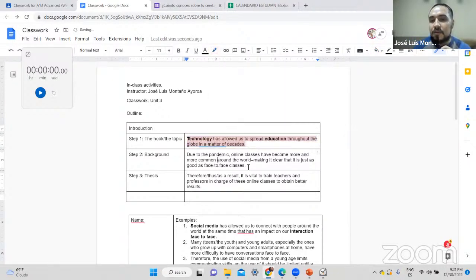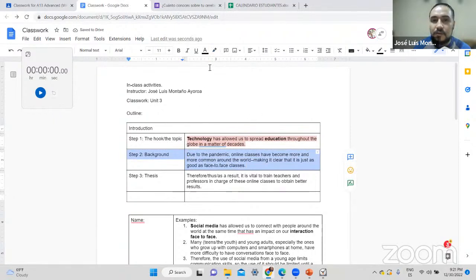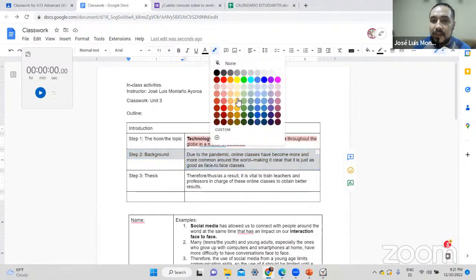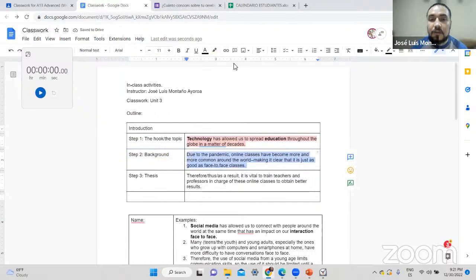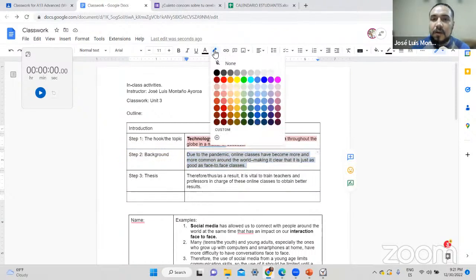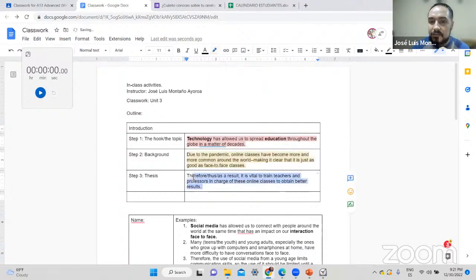You can use any color you want, but in order to have it in your essay, you're going to do it like I'm doing now. Each part is going to have a different color, and you're going to put them together. Everything has to be part of the same paragraph.